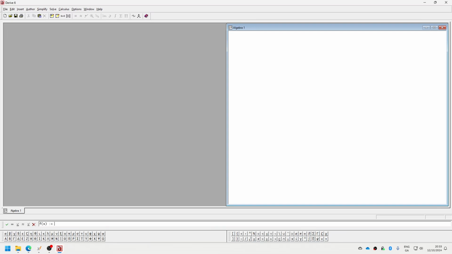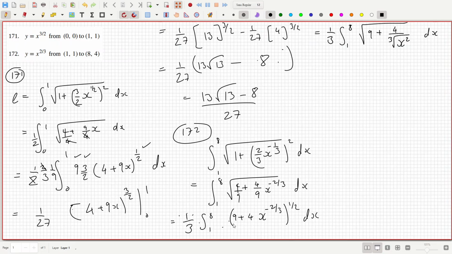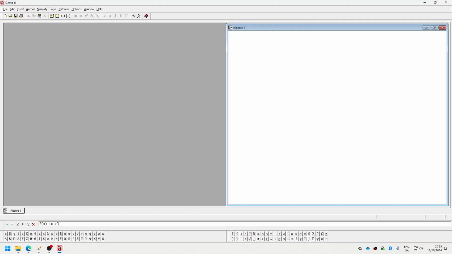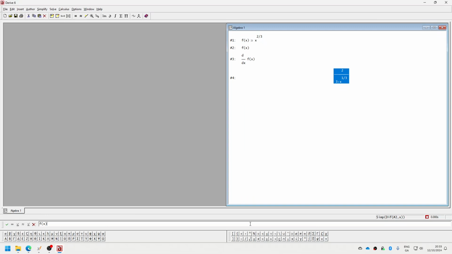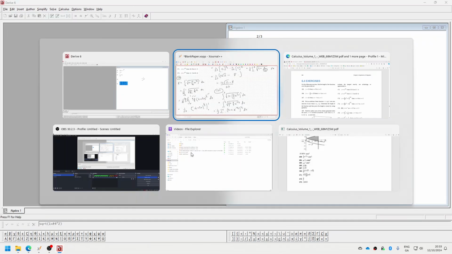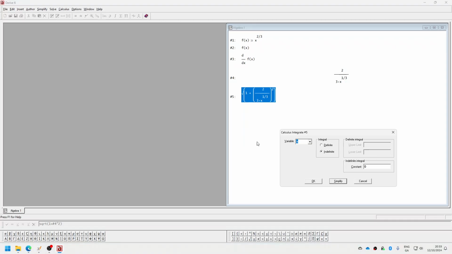f(x) is x to the power 2/3. So we'll differentiate that, and then we'll say square root of 1 plus (2/3 x to the power minus 1/3) squared. And then we'll integrate that from 1 to 8.